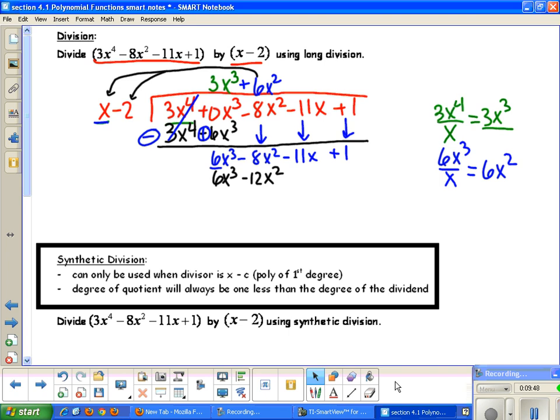And then remember, we are going to change our signs, so this would be minus and this becomes plus, and then this term cancels out, which we did on purpose. And then for the next part, when we do negative 8x squared plus 12x squared, that gives me 4x squared. And then bring down your terms.